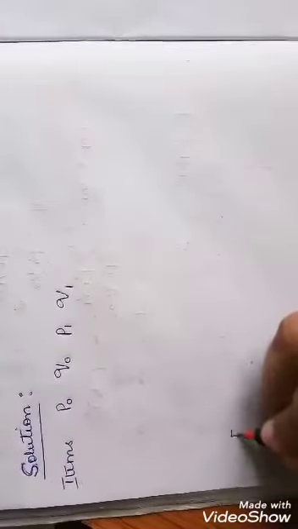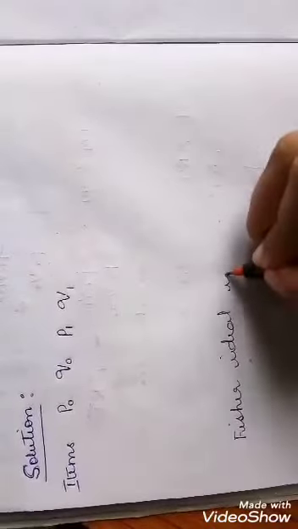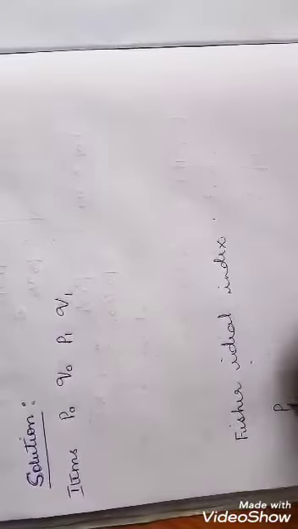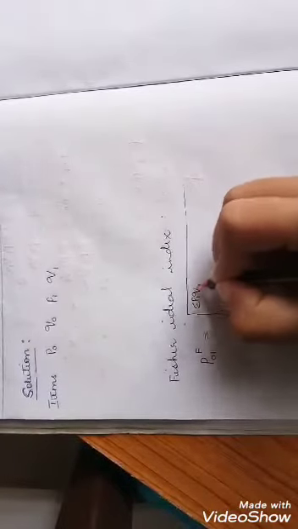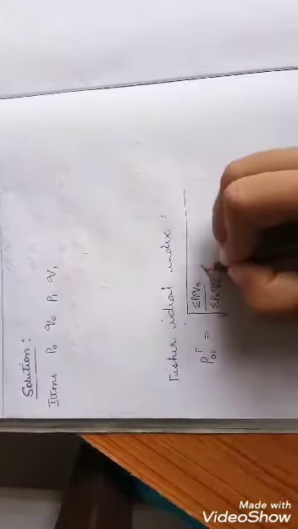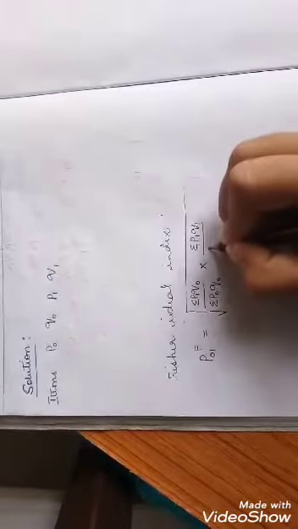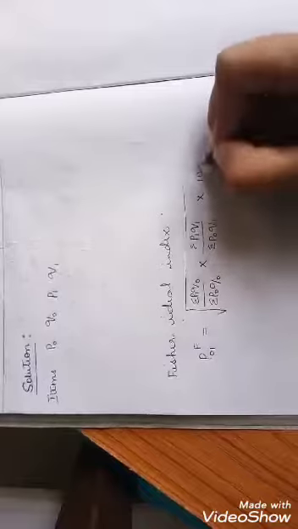The Fisher ideal index, P01 of Fisher, is equal to the square root of summation P1 Q0 divided by summation P0 Q0, into summation P1 Q1 divided by summation P0 Q1, into 100.